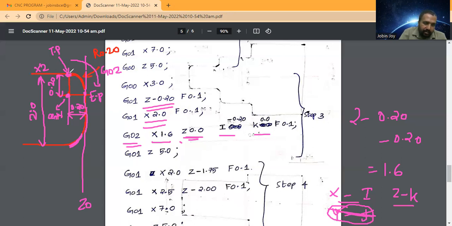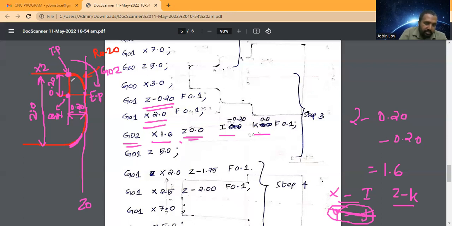K, there is no Z movement. Z movement means this is the tool's current position and where is the origin, that distance is the value you have to enter into the parameter. There is no Z movement here, only this distance.